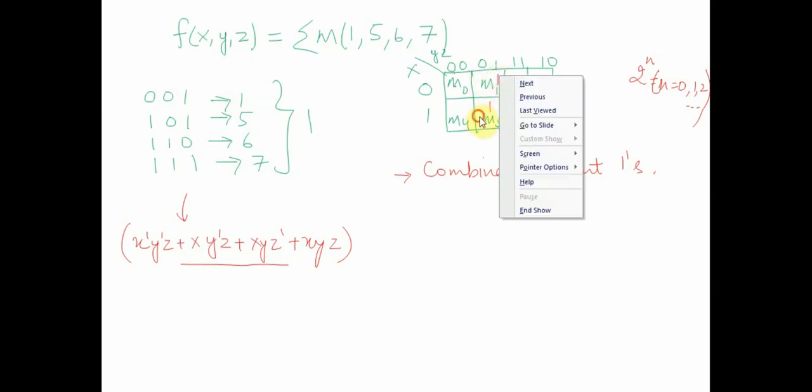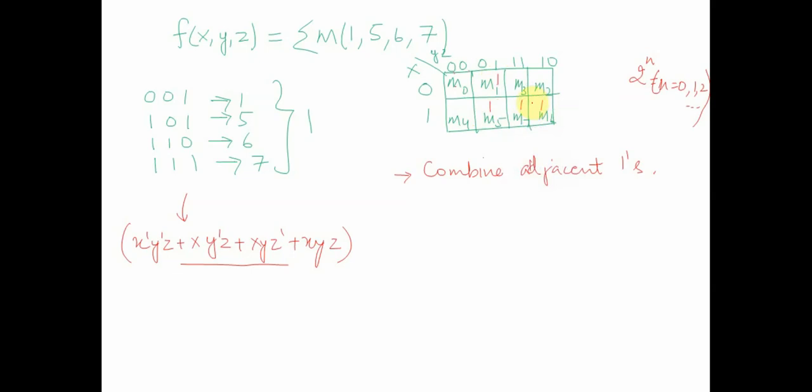So if we have to look at this circuit, how can we minimize it? What combinations are possible where we can have 2 entries, 4 entries, or 6 entries? This is one combination, and this is another combination. Now if I combine m1 and m5, x is changing from 0 to 1, but yz remains constant.